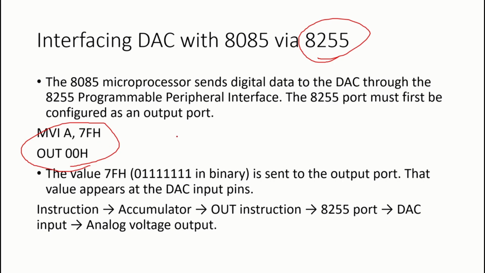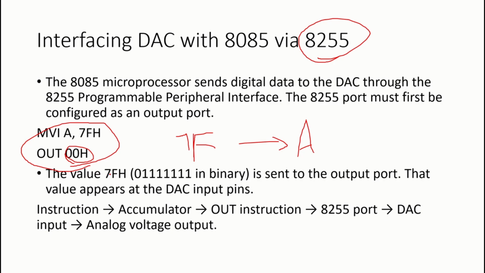This means the data 7FH is moved to the accumulator. And OUT 00H, what this basically does is it sends the contents of the accumulator to this port address, which is a port in the 8255 PPI.